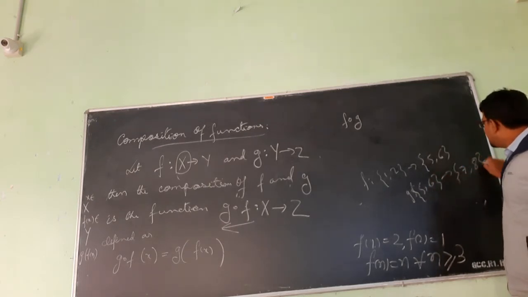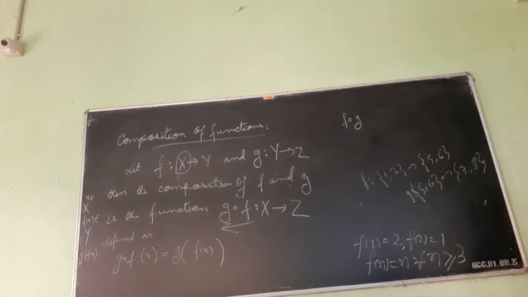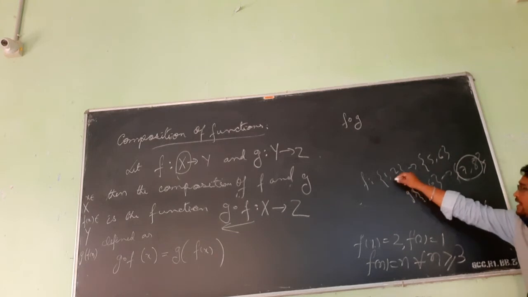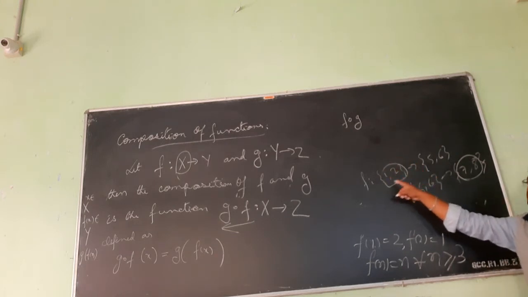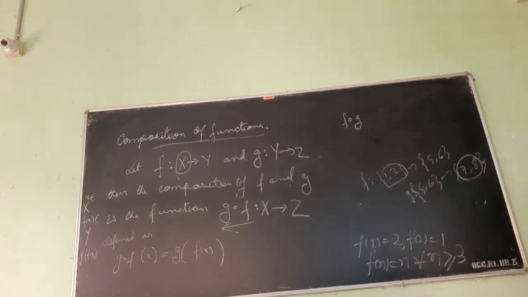In that case GOF is defined, but FOG is not defined, because g goes from this to {7, 8}. After we apply g, we cannot apply f because we can apply f only on this domain {1, 2}. So FOG and GOF are very much different. Function composition is not commutative.